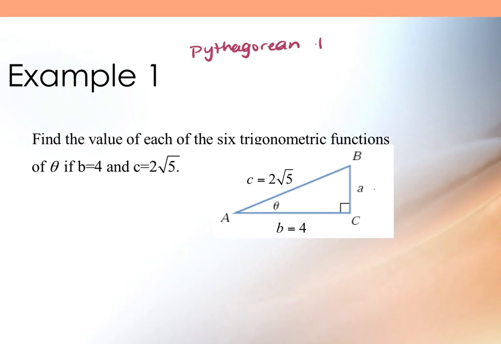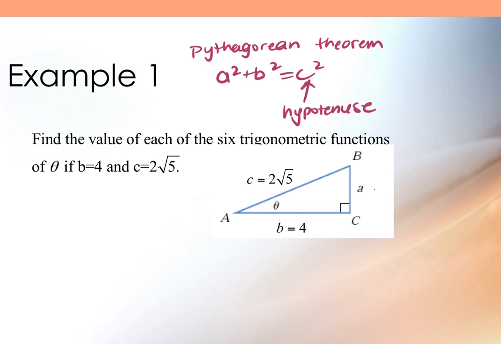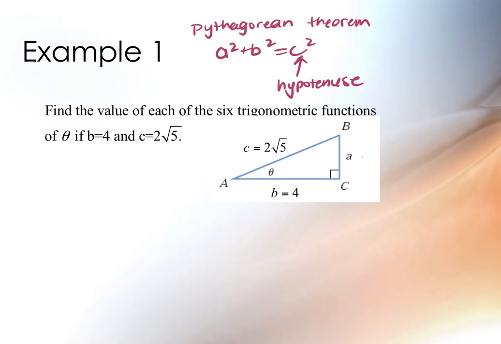On any right triangle, a squared plus b squared equals c squared, where c is the hypotenuse, which is opposite the 90 degrees or the biggest side. If you only have the sides listed, it would be the biggest side. So I need to find a.